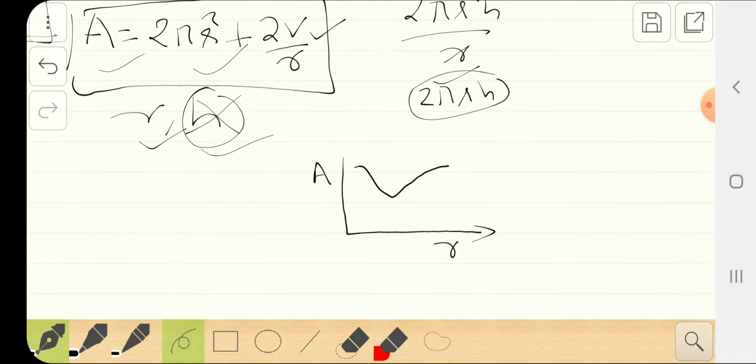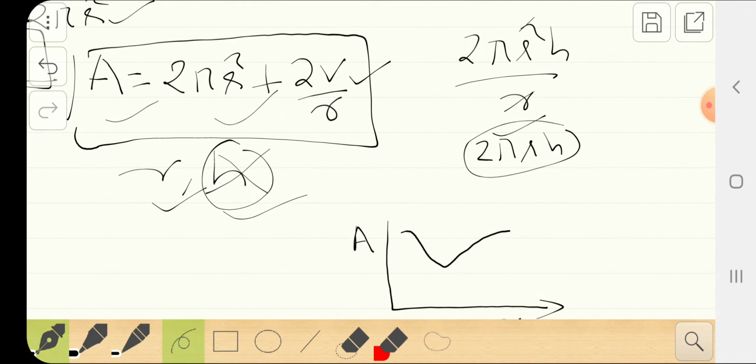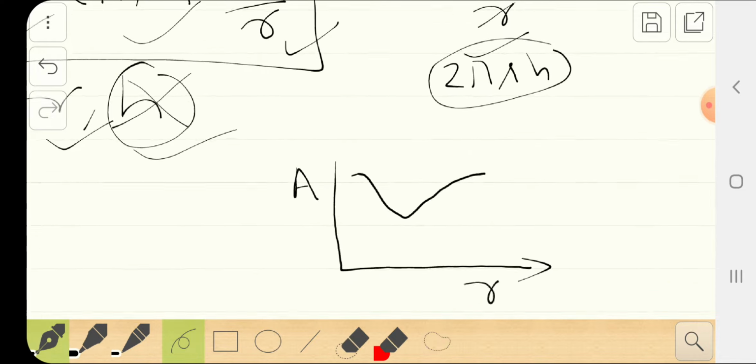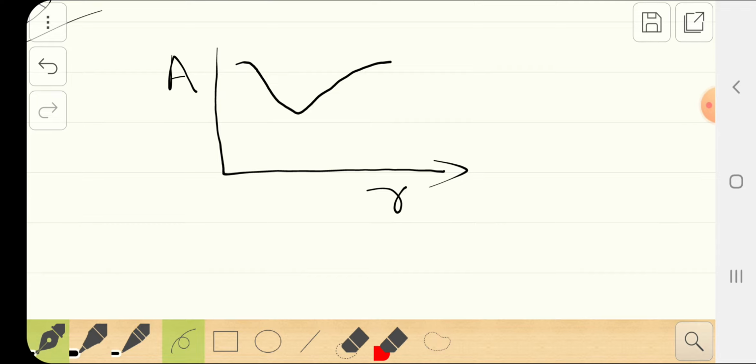So if you want, you can look at this dependence. It's r square dependent and also 1 by r dependent. It doesn't matter. We'll discuss those things later. Now the area is going to fluctuate somehow. So how are we going to use that information, the fluctuation part? Let it be something like a perfect curve, so that it is easy to understand.